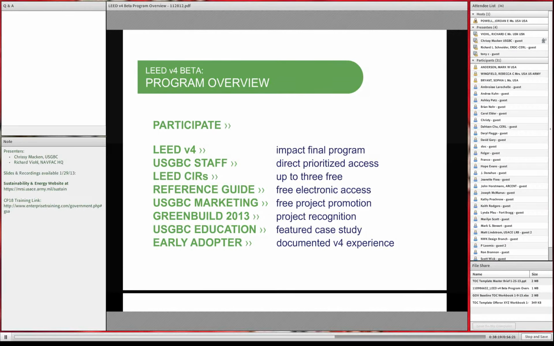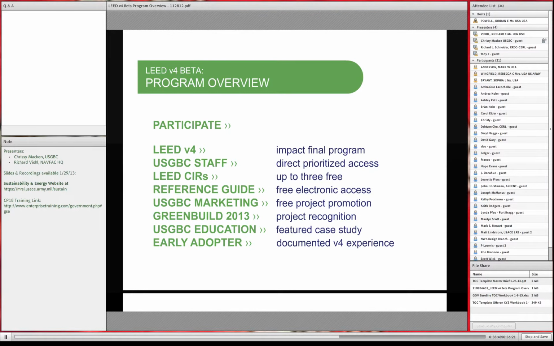Also, we'll be collecting information from all of our USGBC beta projects to be part of our featured case studies and the education that we develop for the larger version 4 market. So this is absolutely an opportunity to be a pioneer and to have your project as a beta participant really serve as beneficial to the rest of the market, and that's really something we're trying to promote through this.